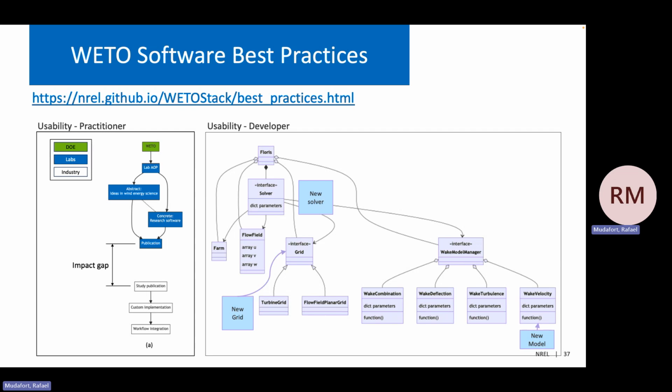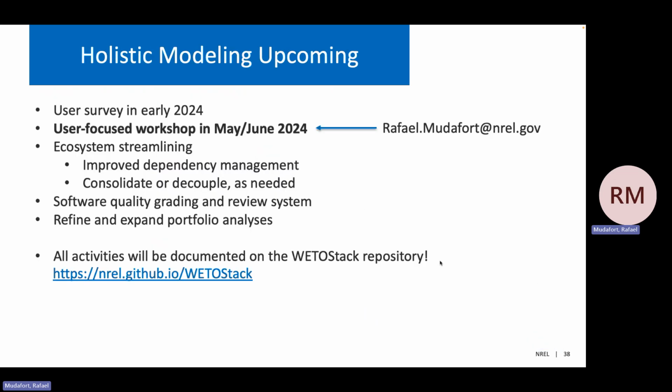And I'm not going to really dive into the details of all of this, but the short version is just to say we want to, just like you were saying, make this easier to use and remove some of the barriers, with the ultimate goal being that we want to really capitalize on the potential impact of these tools. We're not just developing these just to make new software. We really want it to be used and have an impact.